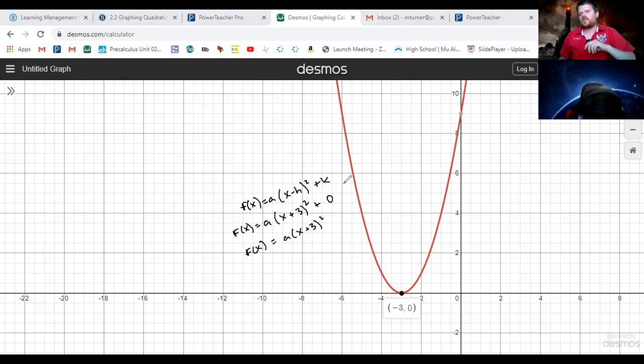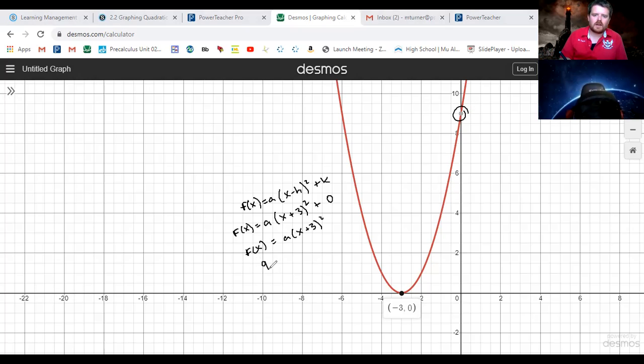For easier problems, your a by default is 1, but it doesn't mean that it will always be 1. So what I would need to do then, now that I have this, to solve for a, I would need to pick another point and solve for it. So make sure that that a is 1. So let's say I choose my y-intercept here at 0, 9.